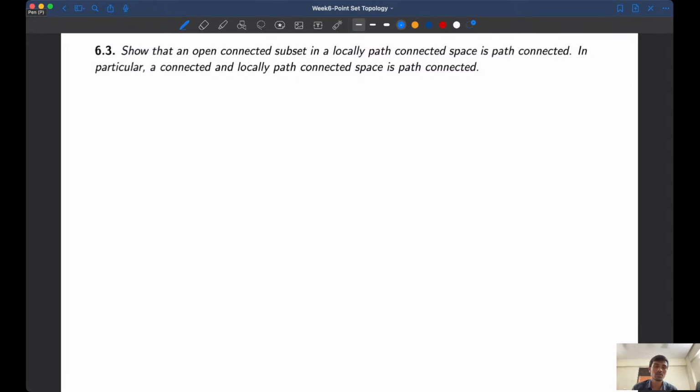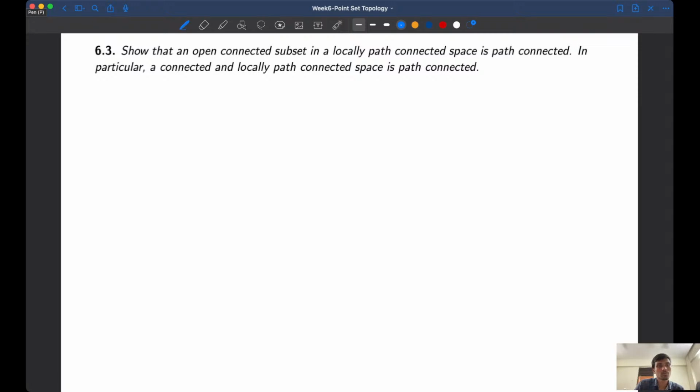So here we are trying to prove that in a locally path connected space, any open connected subset is path connected.